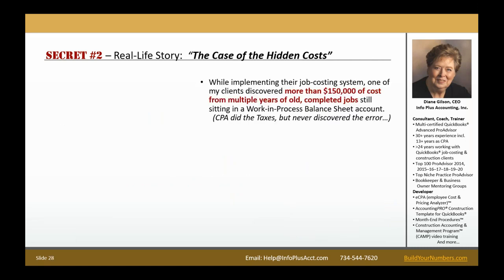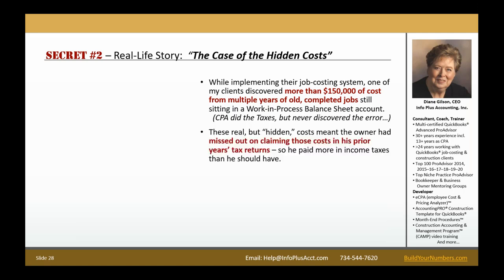Here's another story. While implementing their job costing system, one of my clients discovered more than $150,000 of cost from multiple years' worth of old completed jobs that was still sitting in a work in process balance sheet account. The CPA did the taxes, but never discovered that error. So these were real costs, but they were hidden in the balance sheet.